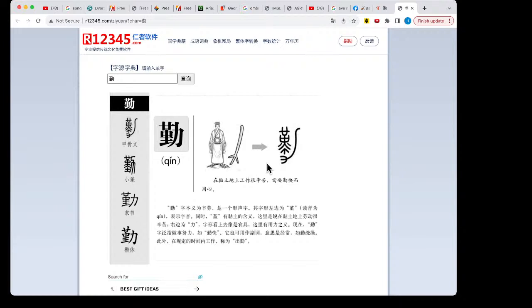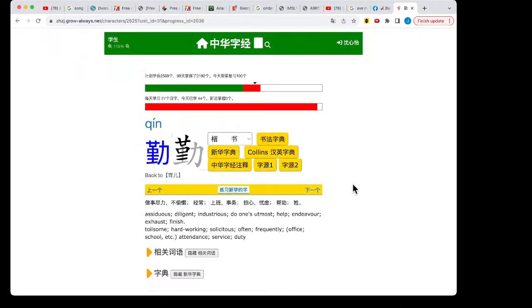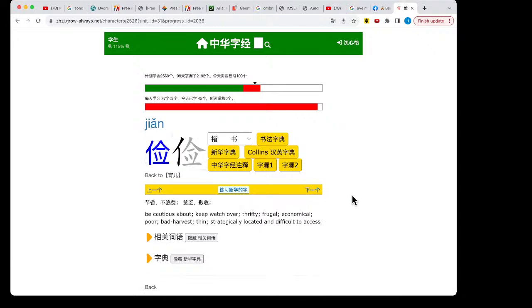So if you end up having dirt like clay, that means you have to work extra hard to be able to grow crops. So this is 勤.